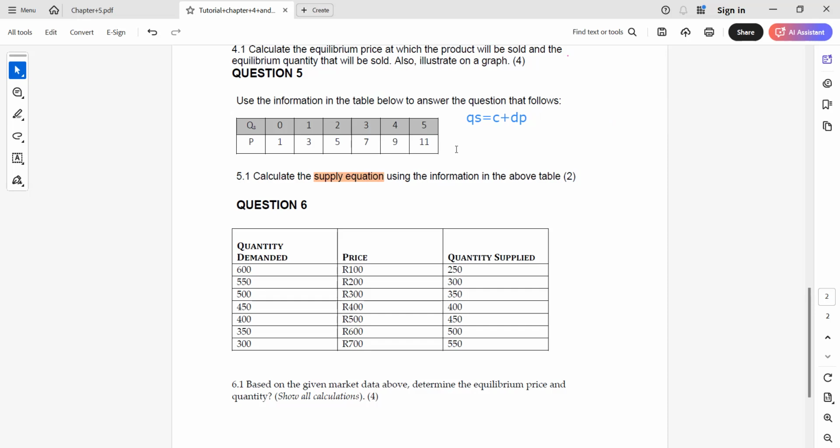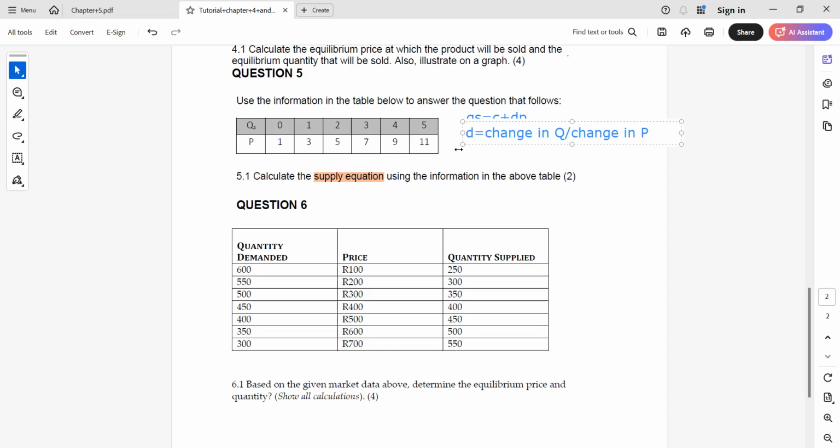So what we do here, we're just going to firstly calculate D by saying change in quantity, I'm just going to write Q for quantity, over a change in P for price.